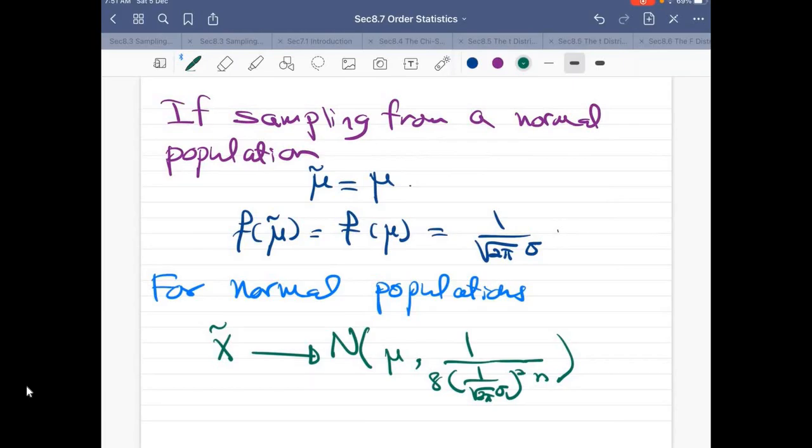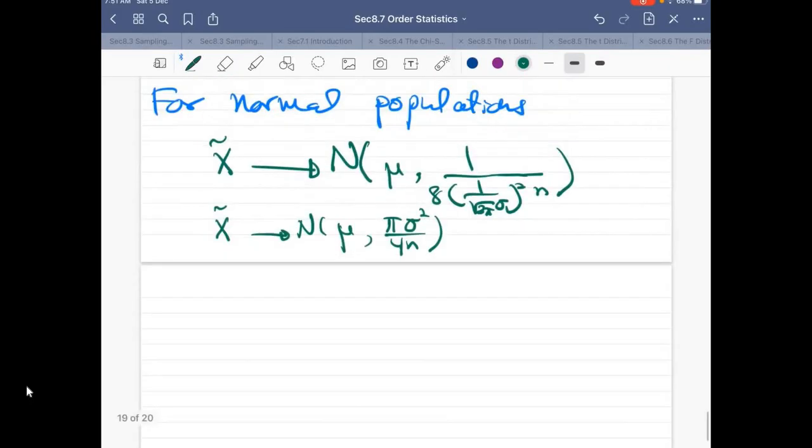If I simplify this quantity, the median will converge to normal with mean mu and variance pi sigma squared over 4n.